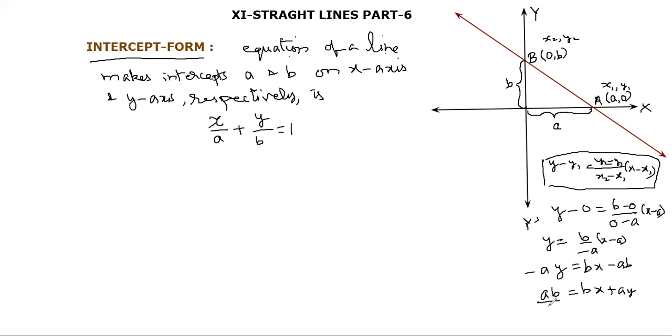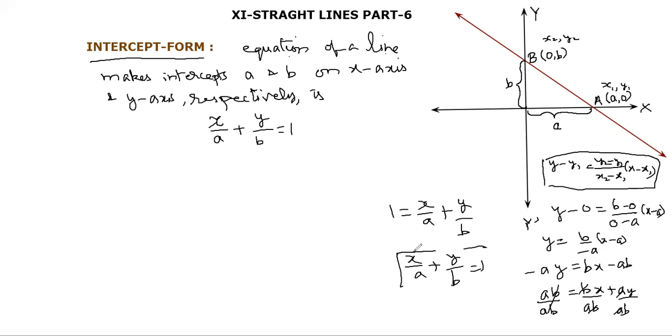Now divide both the sides by ab, ab and ab, so this will cancel. We get left side 1, right side b over b will cancel, we get x upon a plus, and a will cancel, we get y upon b. So we got the same result, x upon a plus y upon b is equal to 1.